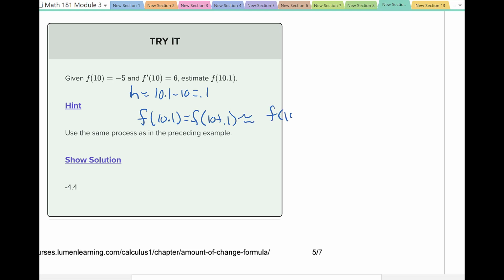It's f of 10 plus 0.1 times f prime of 10. So we have an f of 10 value that's negative 5. And then we have 0.1 times the slope at 10, f prime of 10, which is 6. So we end up with negative 5 plus 0.6, or negative 4.4. That's it.